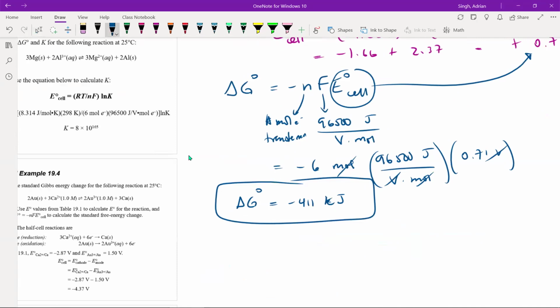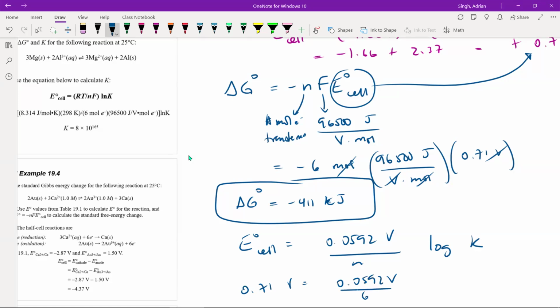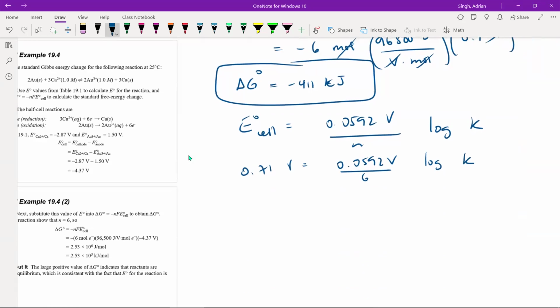So we can, for example, use E of the cell is equal to 0.0592 volts over N times the natural log of K. If you know what E of the cell is, 0.71 volts is equal to 0.0592 volts over 6, the number of moles, times the log of K. And then if we rearrange our equation, we can solve for K, right? So log K here is equal to 0.71 volts divided by 0.0592 volts over 6, whatever that gives.